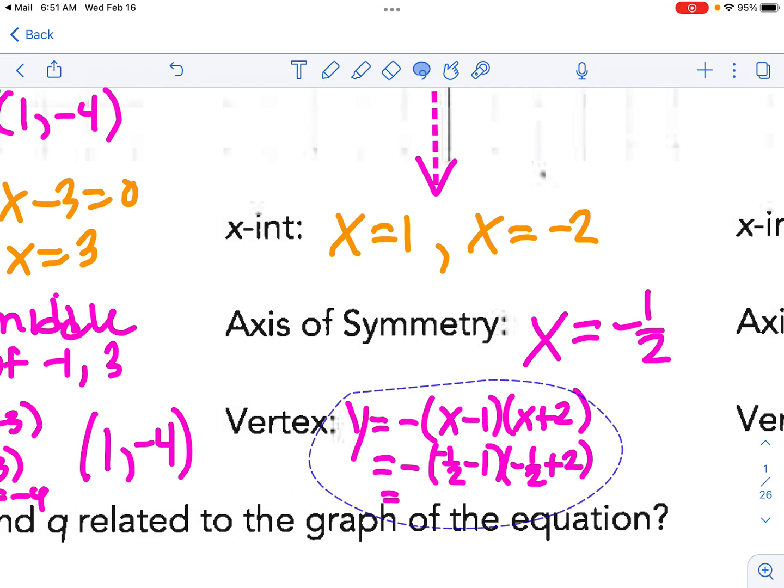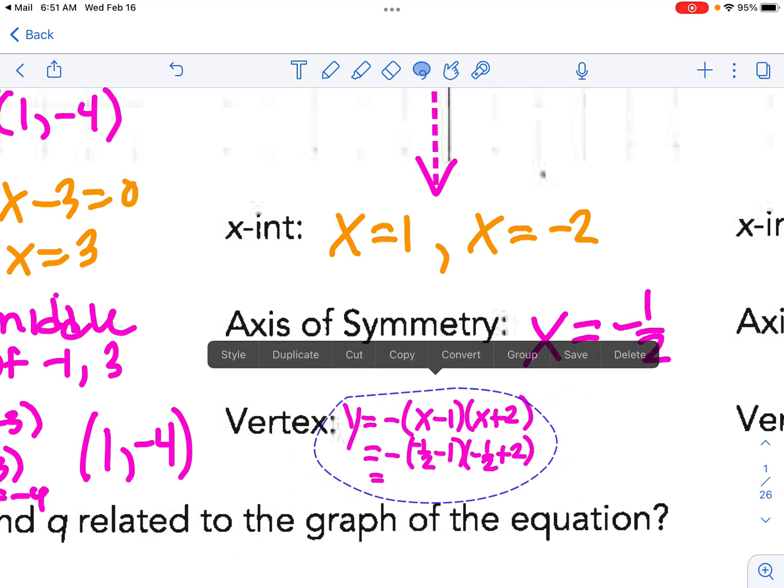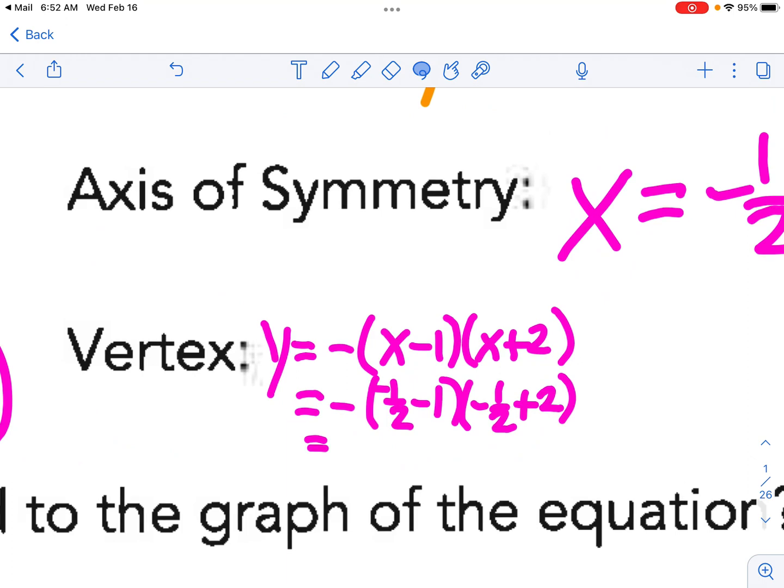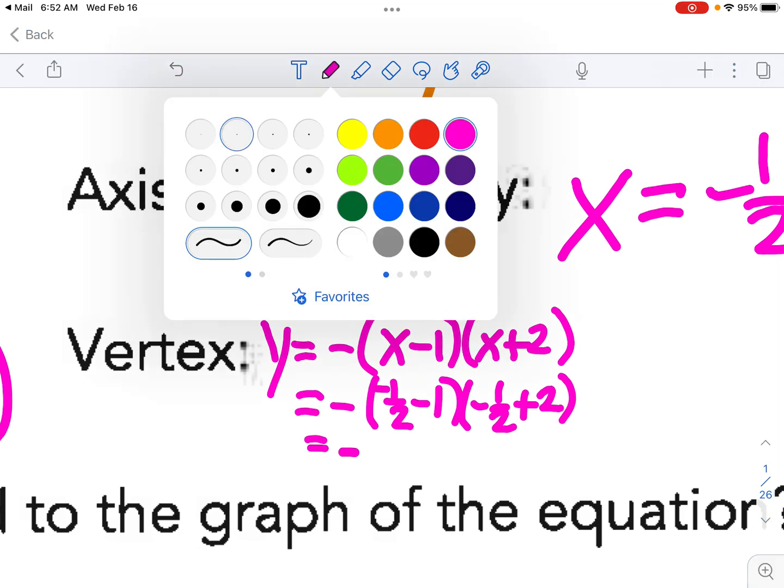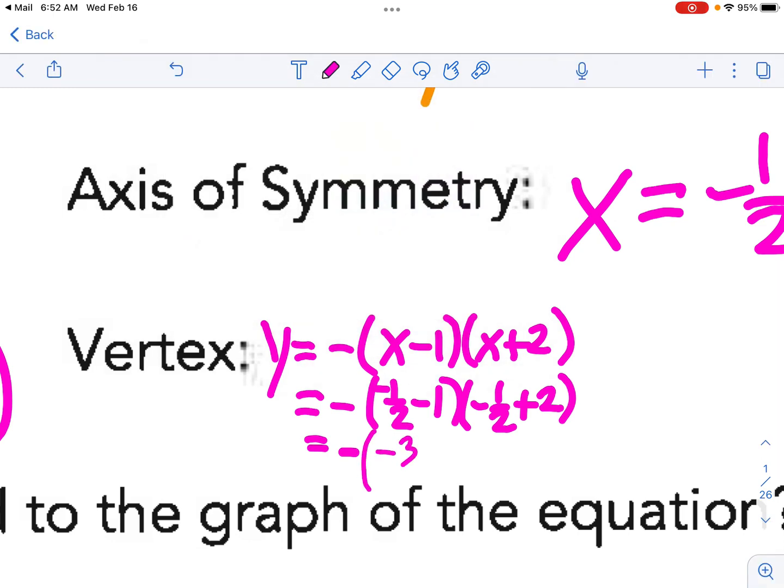Kind of wish I would have written a little bit smaller now. Sorry about that. But we have negative, and then I'll need a bracket there. This is negative 3/2, and this is positive 3/2.